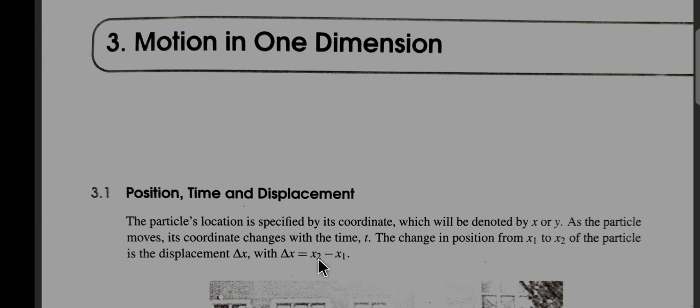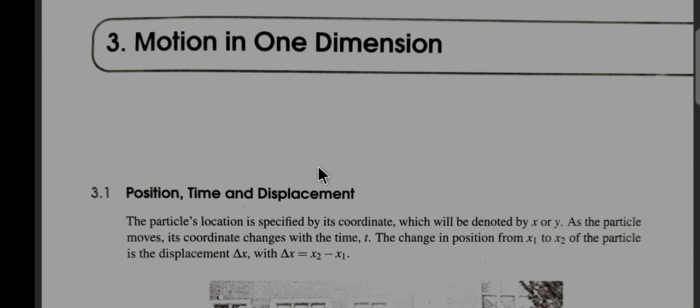That means x1 is the initial position while x2 is the final position, and the change with respect to the time t is the displacement I'm trying to explain.